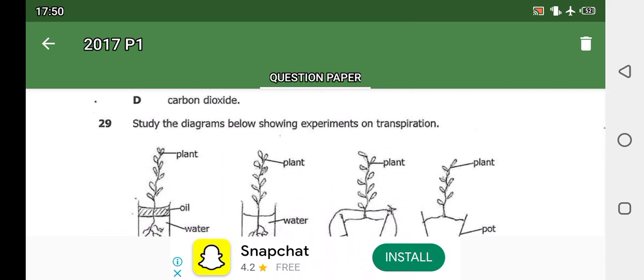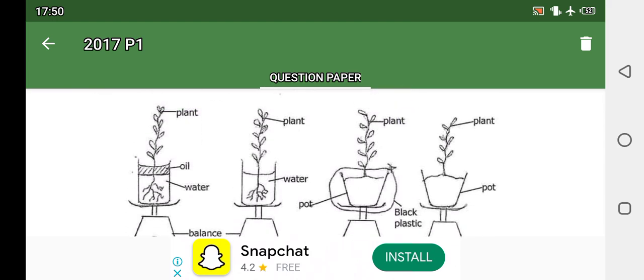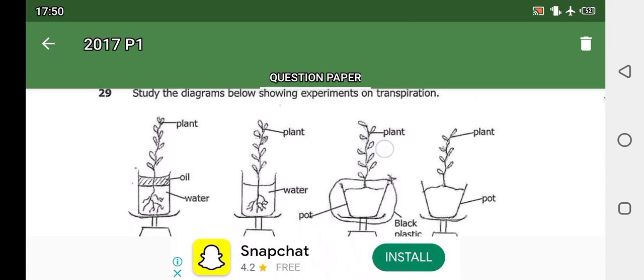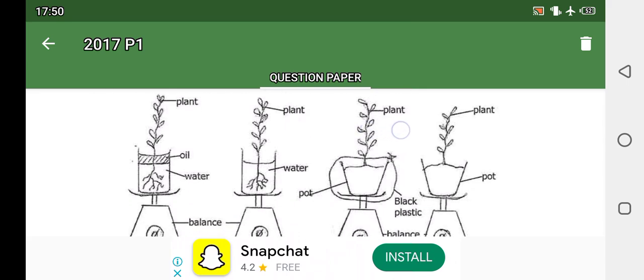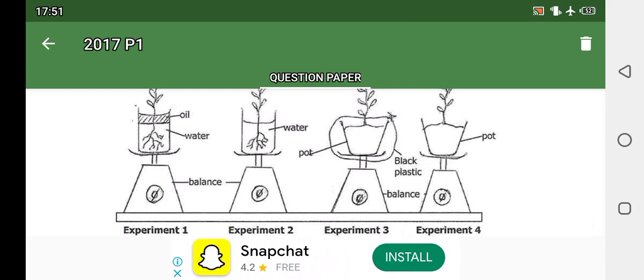The diagram below shows an experiment on transpiration. So we have experiment 1, which has an oil surface, whereby there is oil there, and then experiment 2 has nothing affecting it.